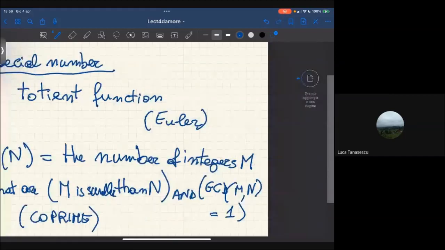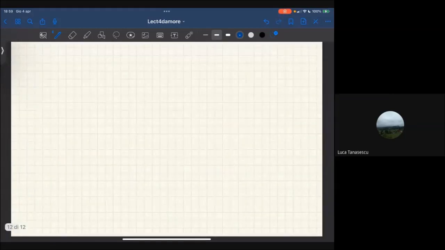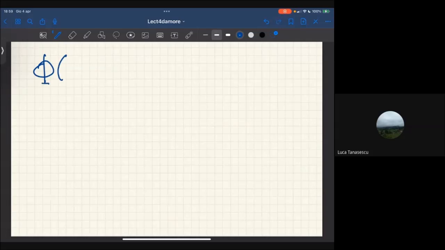Typically, if we want to compute the totient function of n, and n is prime, this is n minus 1.